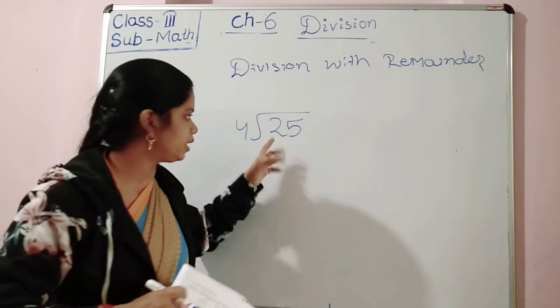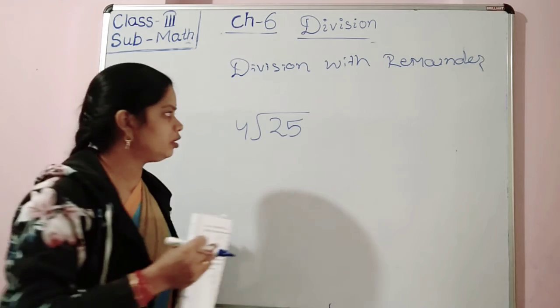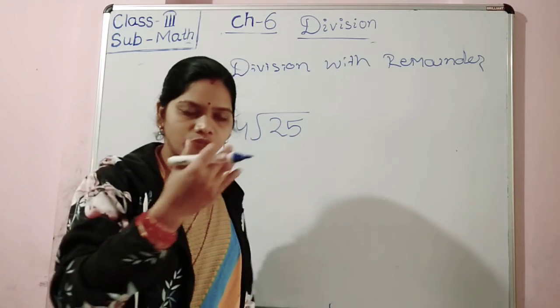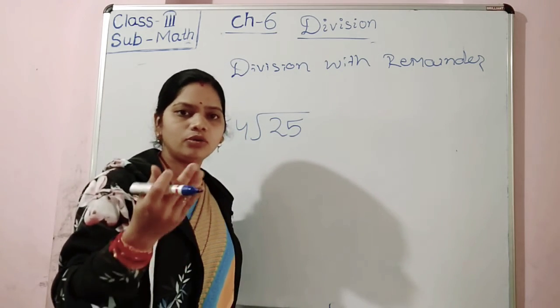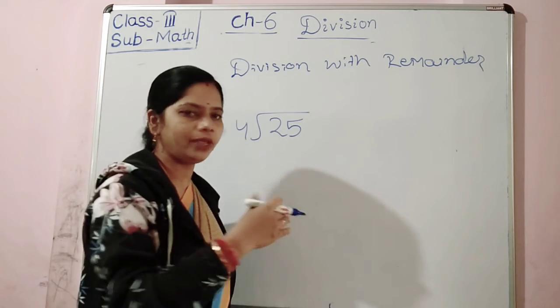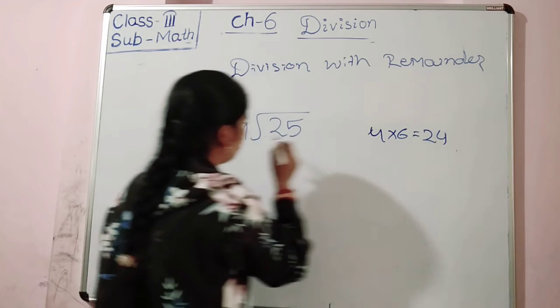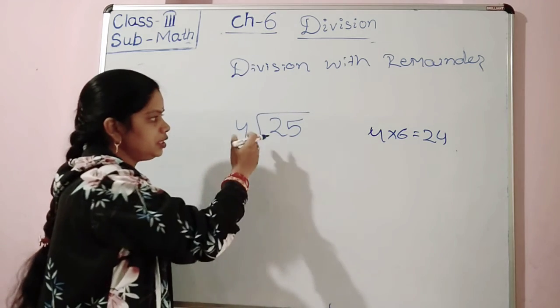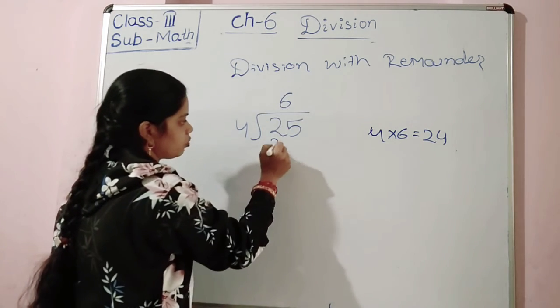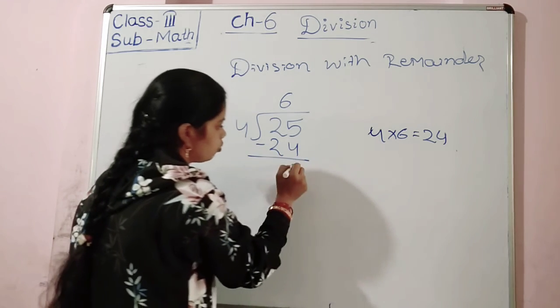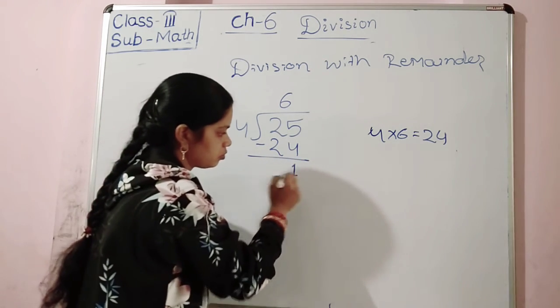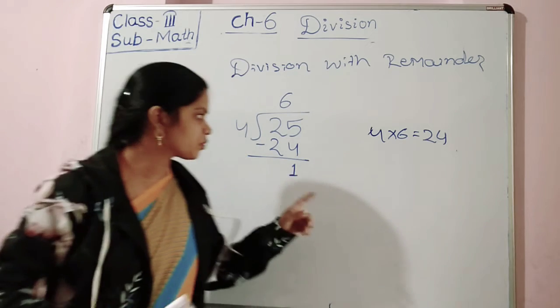In the 4 table there is no 25, but we have to find the number less than 25. Here 4 6s are 24. We put 6 in the quotient, and 25 minus 24 is 1. The remainder is 1.